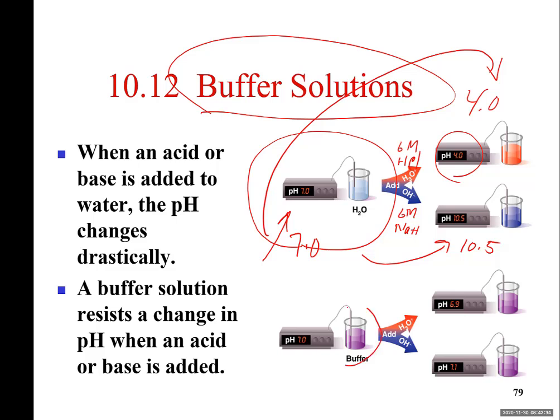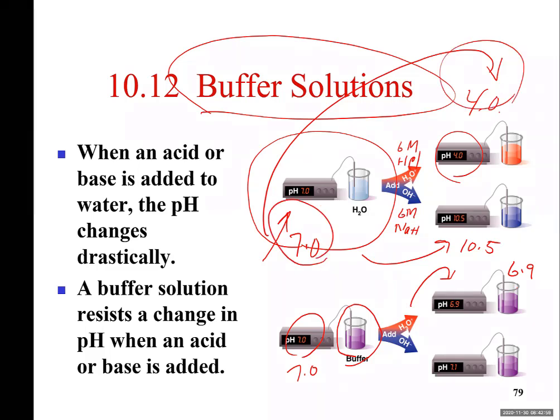But we can make a pH 7 buffer. This is 7. We add the same amount of the acid. Do you see the pH is 6.9? So 6.9, almost 7. The change of pH is minimized when we use a buffer, while the change of pH was 3 units when we didn't have a buffer.